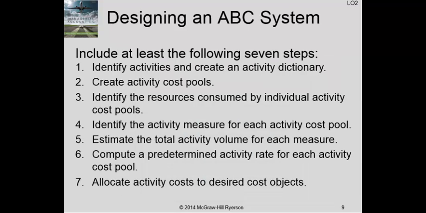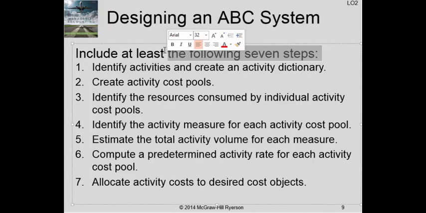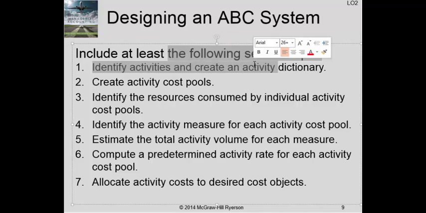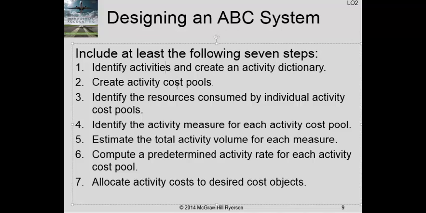Okay, so how do we go about doing this? Generally speaking, there are about 7 steps involved here. We want to map the activities throughout the organization, to get a sense of what they are. From there, we need to create our activity cost pools, so that ideally, if certain costs move together in the same way, then we can lump them together in a single cost pool, right?